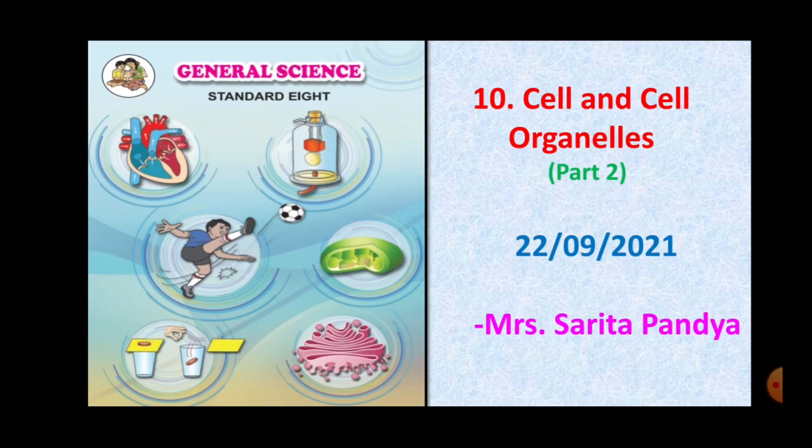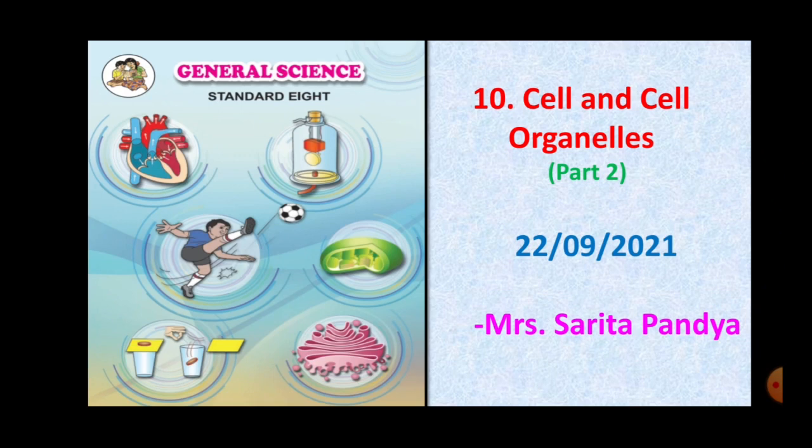Now, just to revise what we had studied in the previous lecture, I'll just tell you the points. First of all, we had studied about the plant cell, animal cell, and the differences between them. In plant cell, the cell membrane is present, and in animal cell also the cell membrane is present, but the difference is that cell wall is only present in plant cell and absent in animal cell.